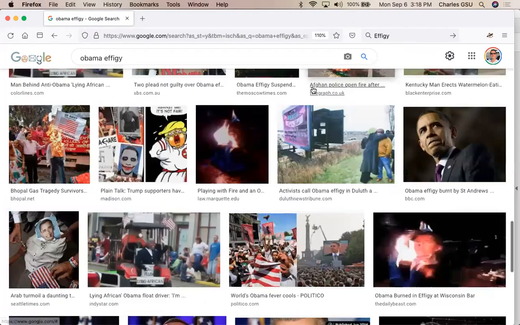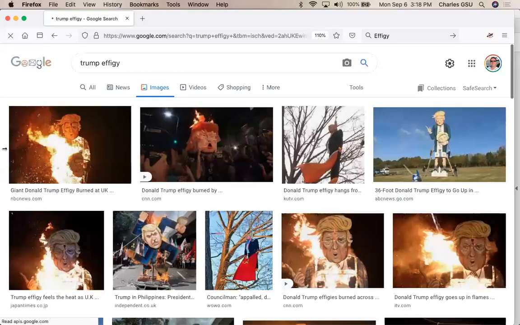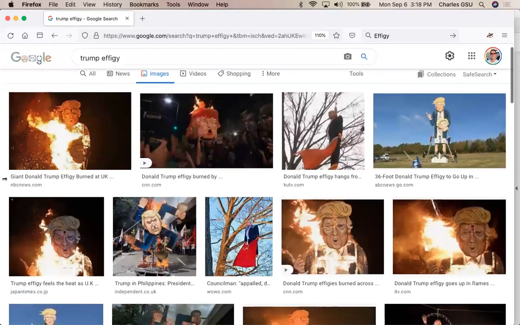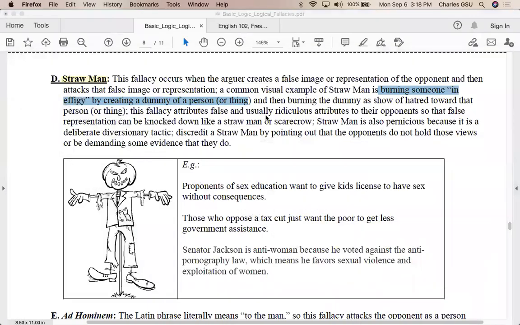But you could say the same thing of Trump too, that people would create effigies. So obviously, this is not an actual Donald Trump. It's a representation of the former president, in quotes.